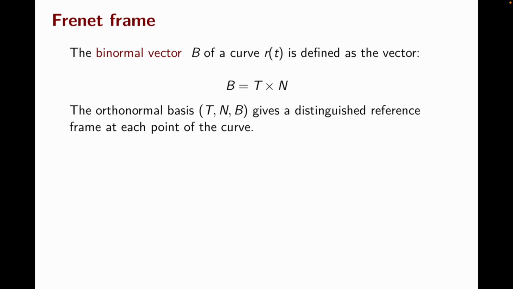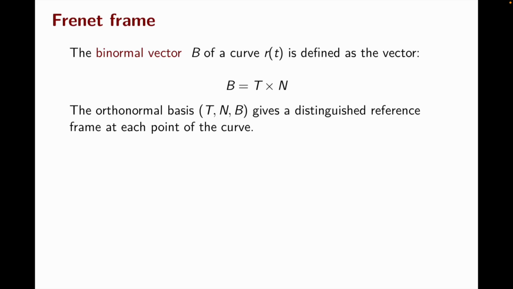Finally, these two vectors, tangent and normal, are two perpendicular vectors, and are both unit vectors. So the cross product of them is going to be called the binormal vector, and this is also a vector that has magnitude 1. And the three vectors together form an orthonormal basis of the three-dimensional space.